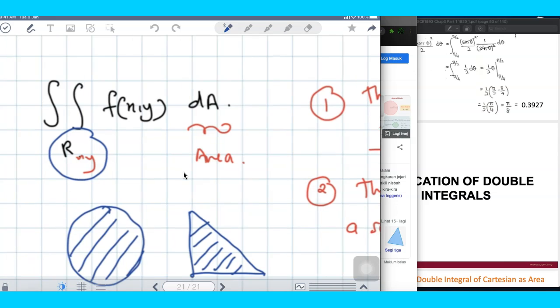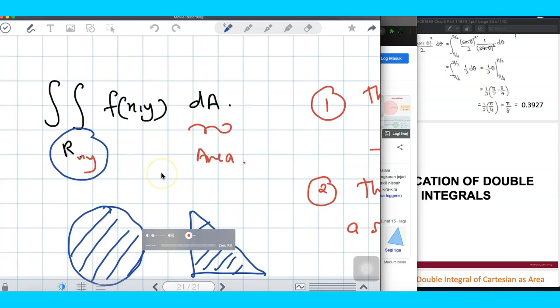Look at the general form of the double integral. We know that dA is already area. If I ask you to evaluate the area of the region, then how about the f here? If you want to use this double integral to evaluate the area, what is the value of f supposed to be? Because this is already area, f is supposed to be equal to 1.